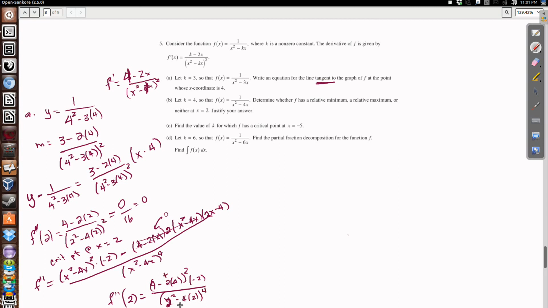But this is positive, this is positive, this is the only term that's negative, and so because I'm concave down, x equals 2 has a relative maximum.